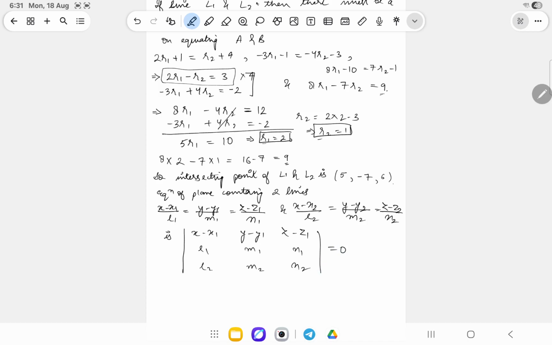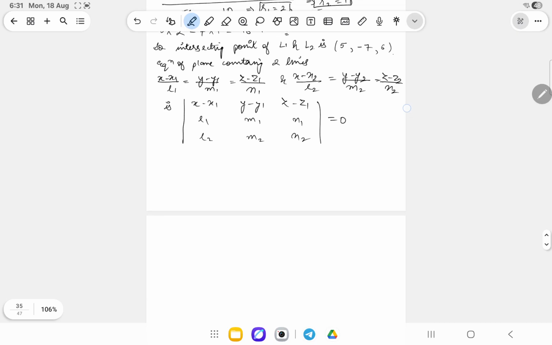So I can substitute values of these from the given equation, then I'll get the equation of the required plane.